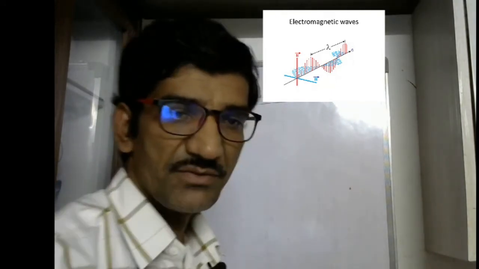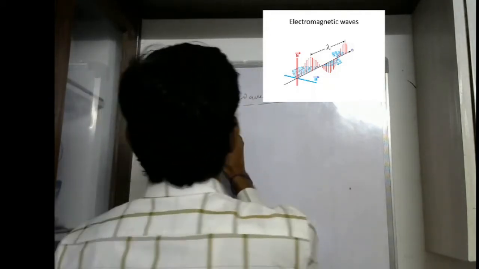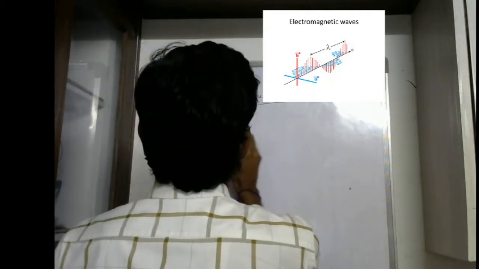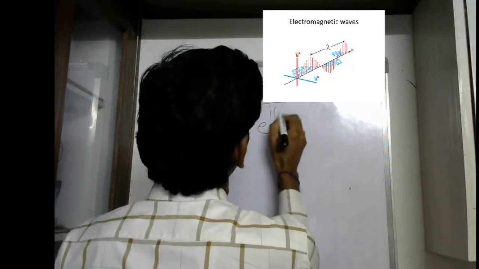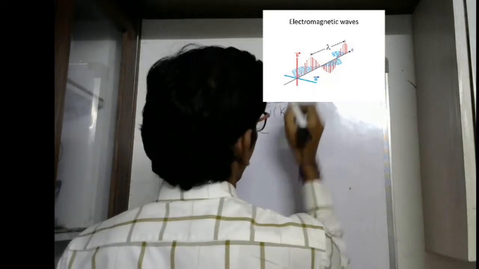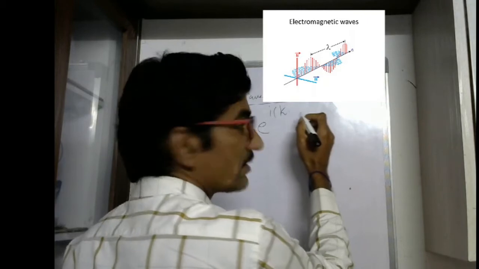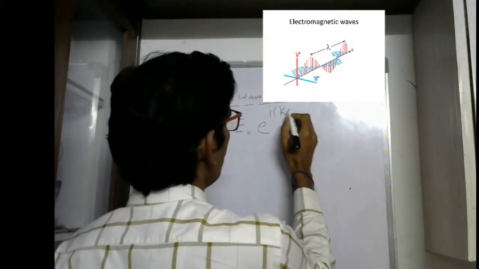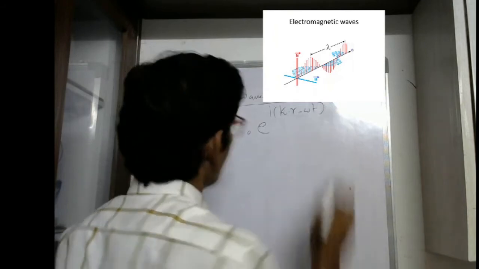Let us try to give the plane wave solutions for E and B fields. Say E is equal to E naught e to the power of i(kz minus omega t), or if you generalize this, k dot r minus omega t.